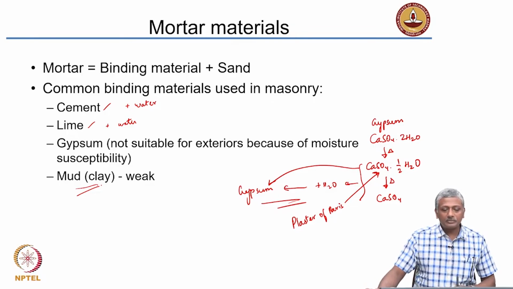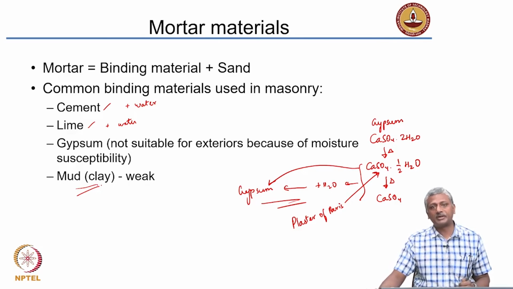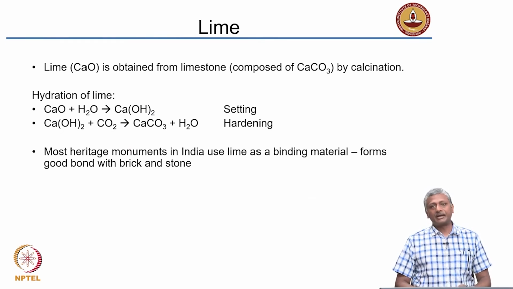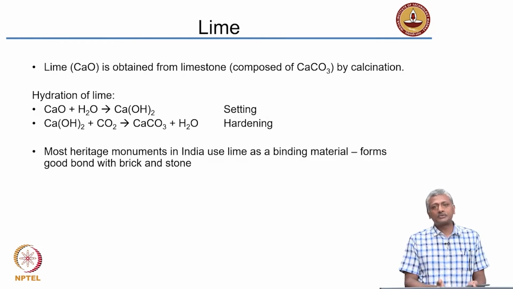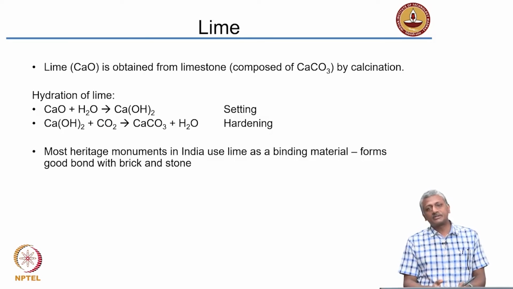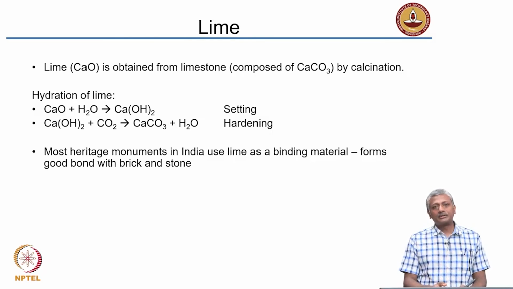Okay, now one of the materials that is used extensively in India for most of our heritage monuments in the past is lime, and lime essentially was the material that was being used for thousands of years before we started using cement. Now, of course, cement was developed as an alternative to lime with a better engineering characteristic and slightly more controlled design.